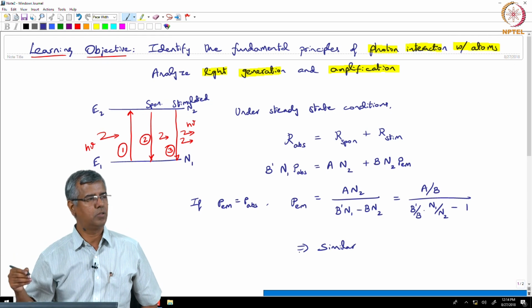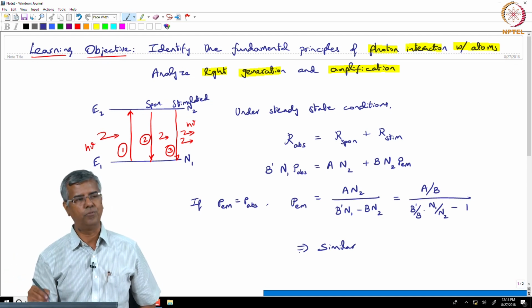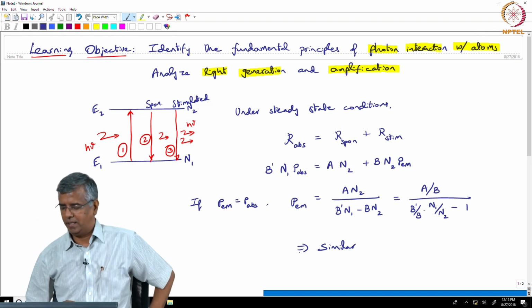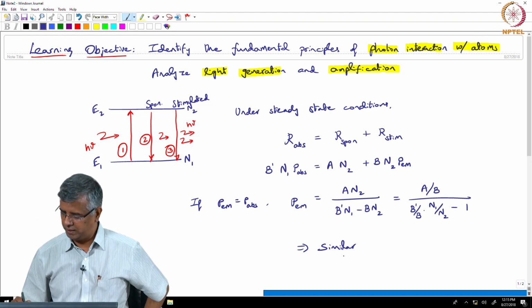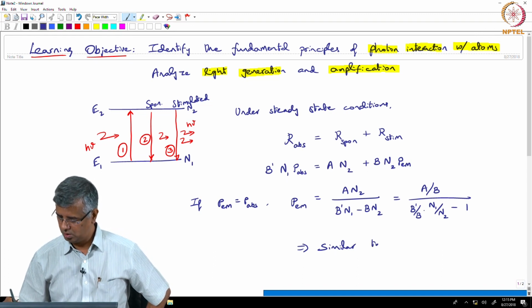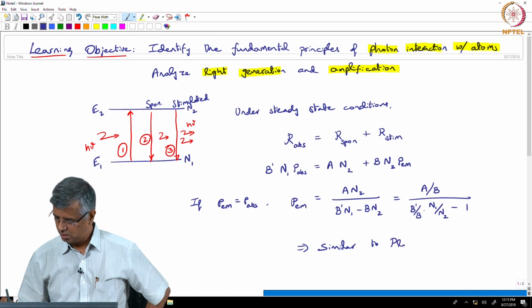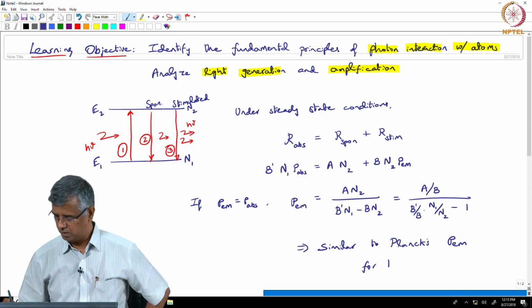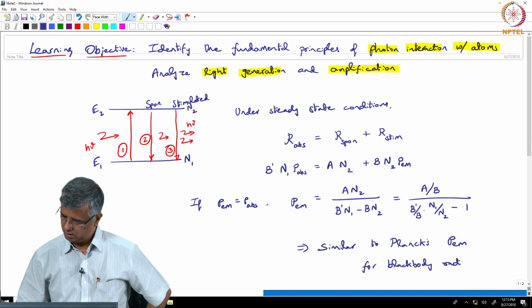In that case also Planck had derived an expression for this emission probability density, and so Einstein basically said, okay, this is similar to Planck's rho EM for blackbody radiation.